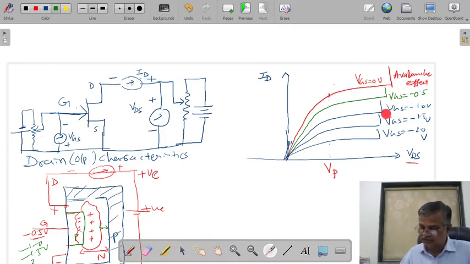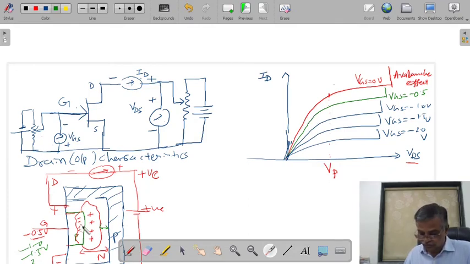As this voltage increases, the depletion layer increases, so the width of the conducting channel decreases. As a result, your current decreases. You can see the current decreases.